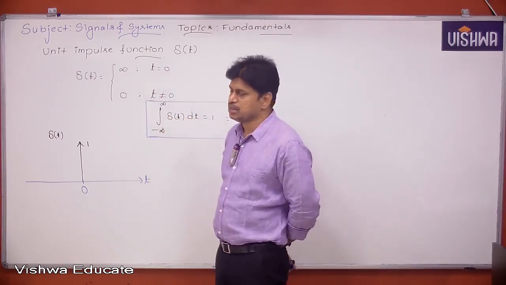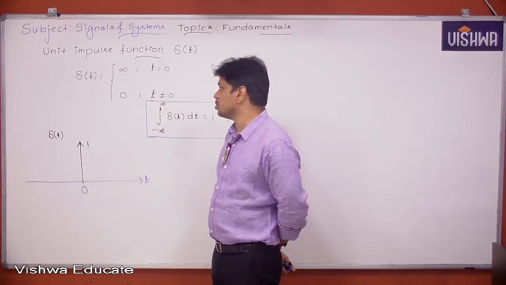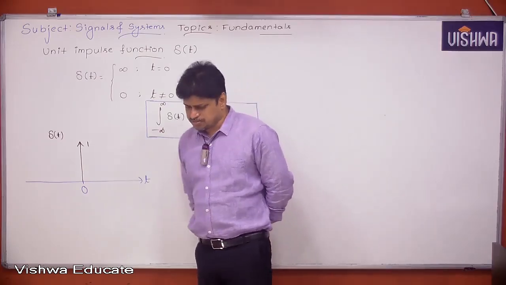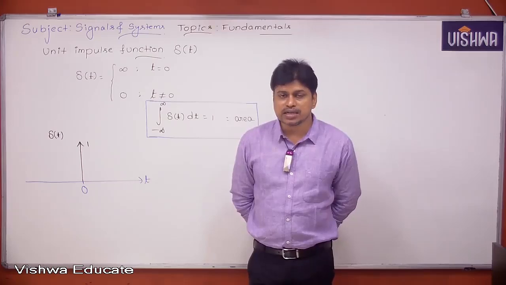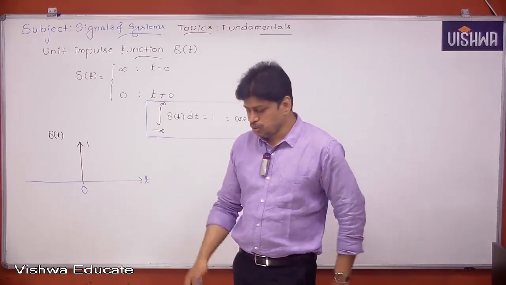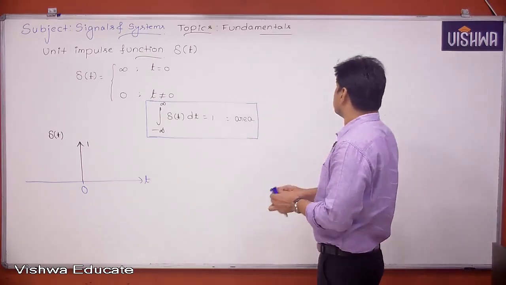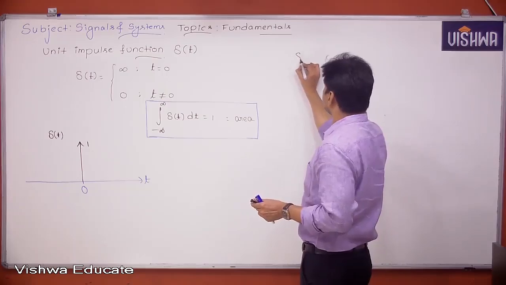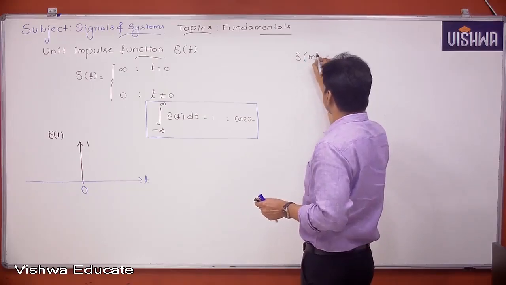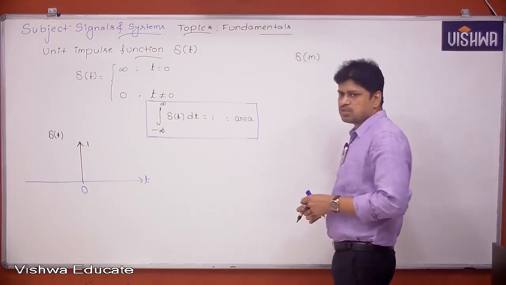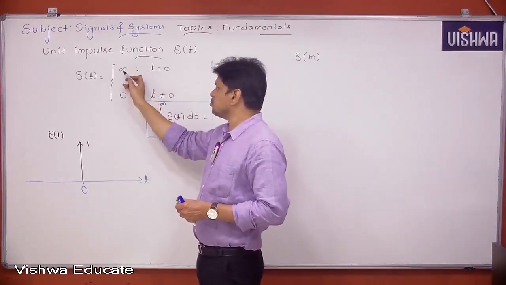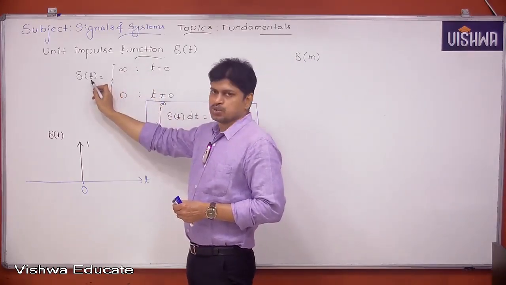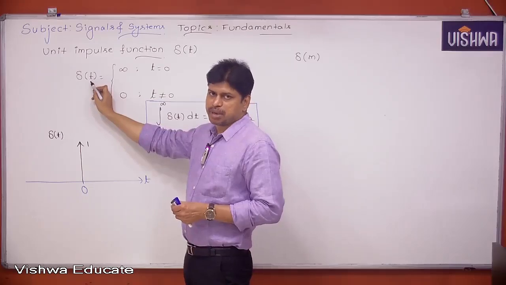Then we can say it is existing at t is equal to 0. Suppose I ask delta of m, where does it exist?